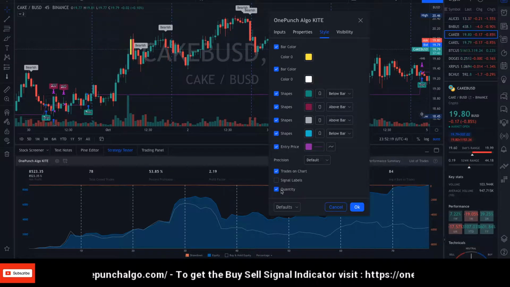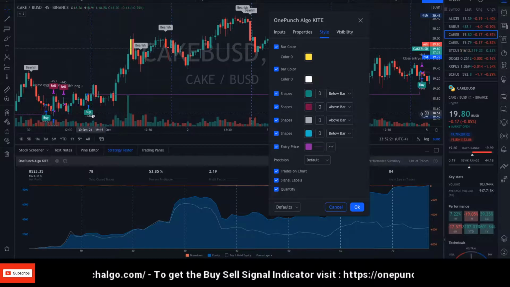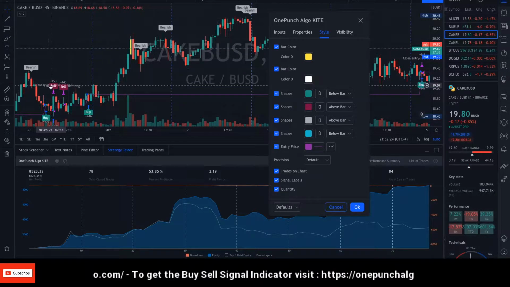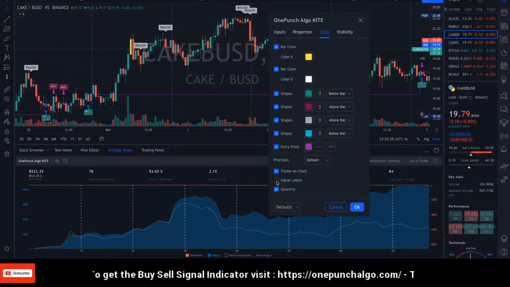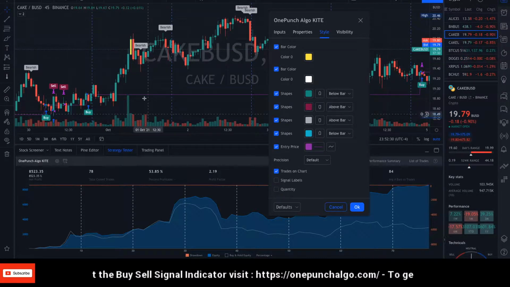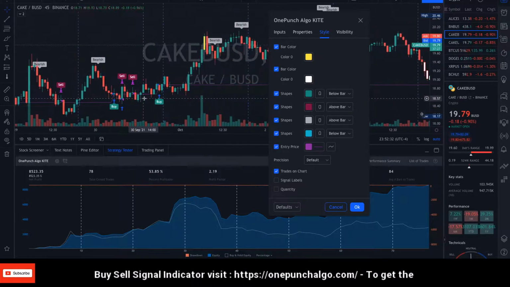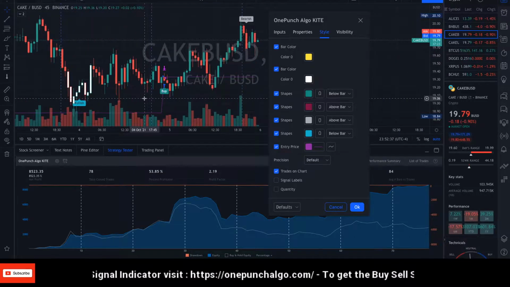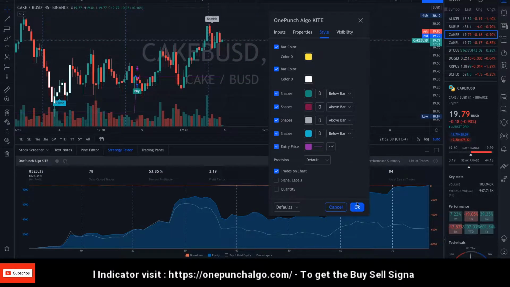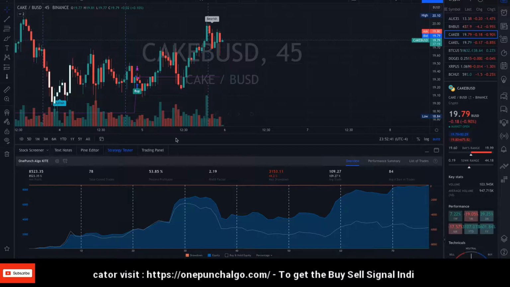Basically it takes out the long trade, the long and close trend line, the text, and the quantity, and now you can see a clean strategy or signals, and you are ready to go forward.